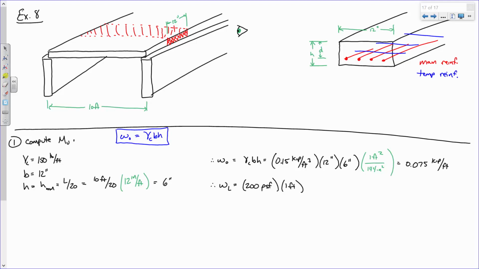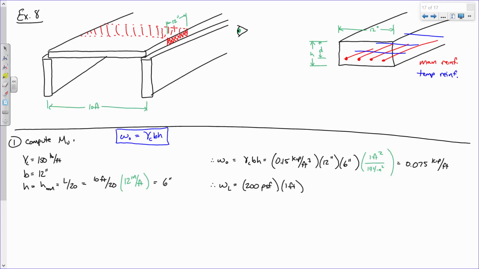That's a little unique to problems we've done before, but think, what happens when you get outside that 1 foot strip? You're just on the next 1 foot strip, and it's responsible for its own tributary width. So when you're doing slab design, the tributary width of that slab is the width of that strip.